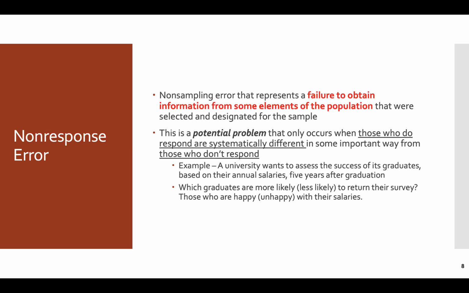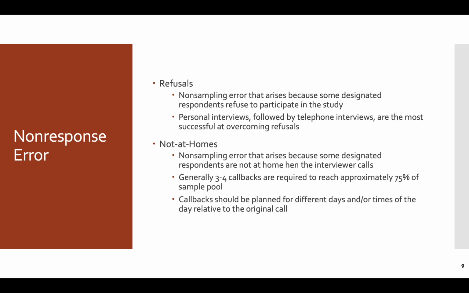We do surveys asking what types of jobs you have had after graduation, and some graduates are less likely to return their survey. Which ones? Are people who are happy not likely to return the surveys, or people who are unhappy? Maybe a certain age range, maybe a certain demographic group. This is where the information of some portion just isn't there.